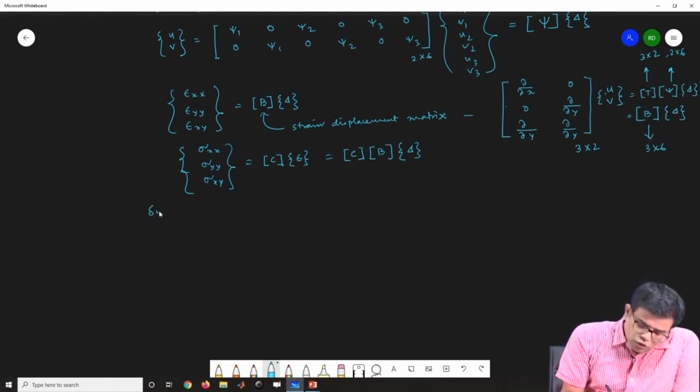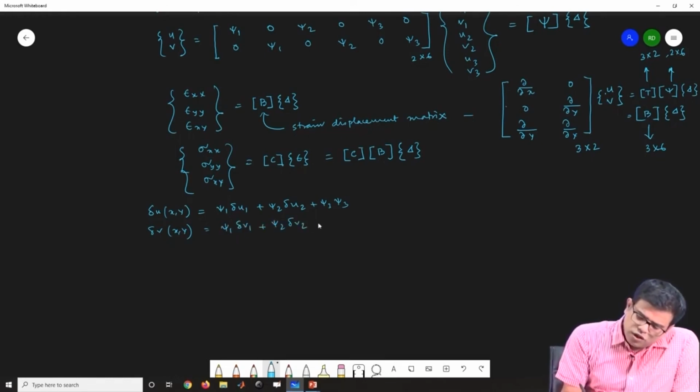Delta u, which is a function of x y, we can write as psi 1 delta u1 plus psi 2 delta u2 plus psi 3 delta u3, and similarly delta v is psi 1 delta v1 plus psi 2 delta v2 plus psi 3 delta v3.